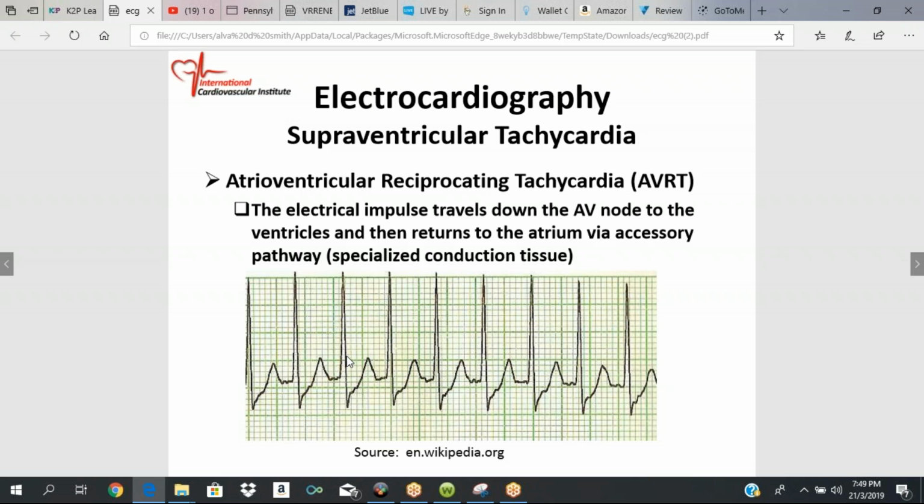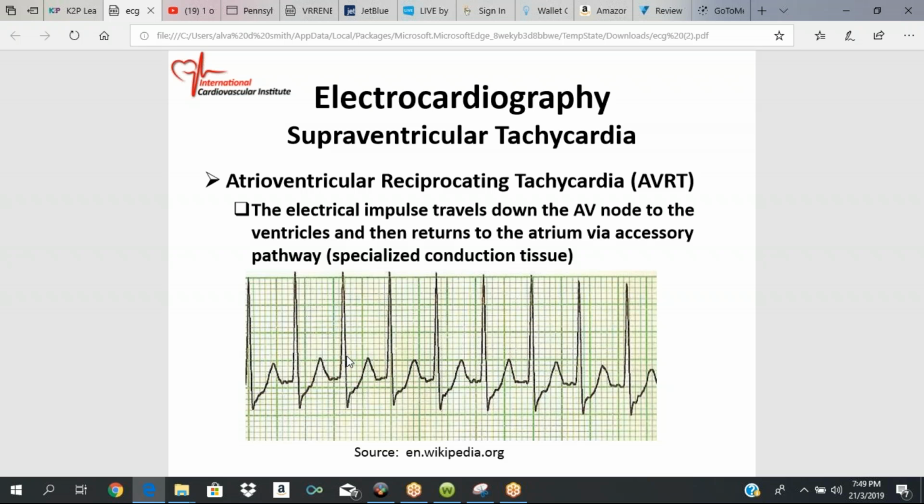This is atrioventricular reciprocating tachycardia, AVRT. What happens is sometimes we have what we call a bypass track. So bypass tracks are specialized tissues that bypass the AV node.